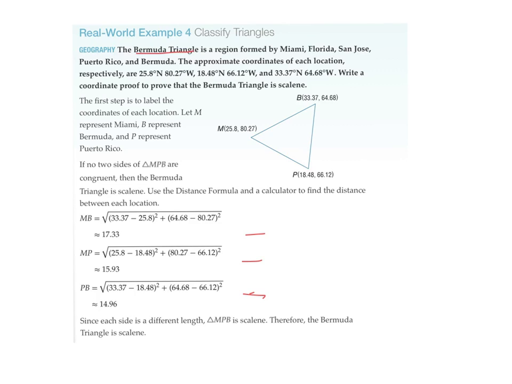Each length is a different size, because this is 17.33, this one's 15.93 and 14.96. It is a scalene triangle. It's asking you right at the beginning, prove that it is scalene. Because you've got 3 different lengths, you know it's scalene. Even though here you're using decimals, it really doesn't make any difference. Here you're using your mapping coordinates.